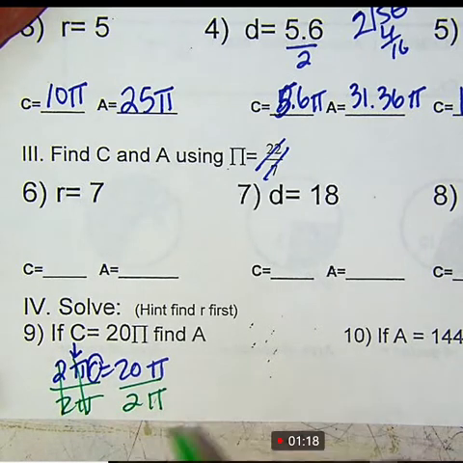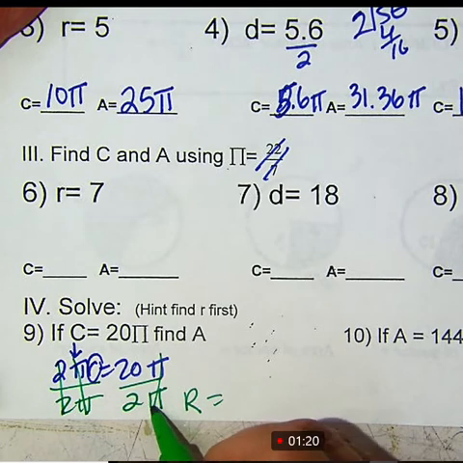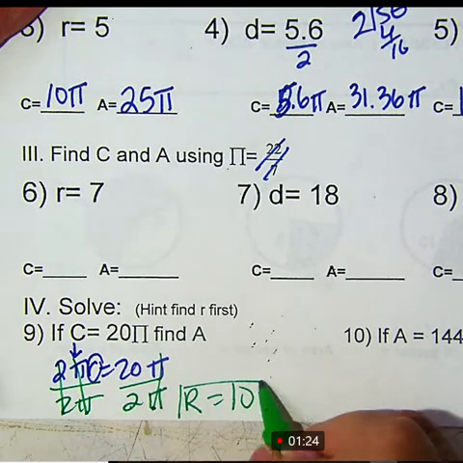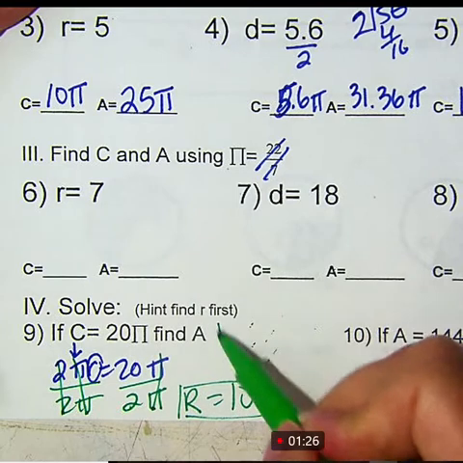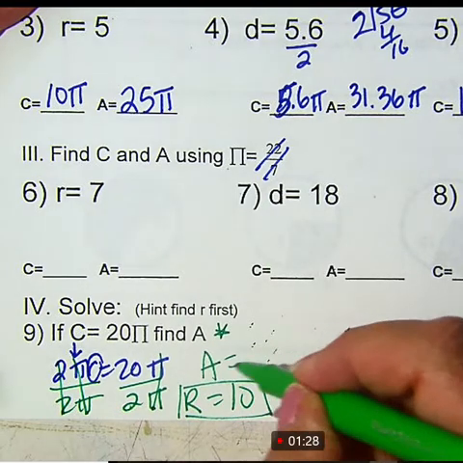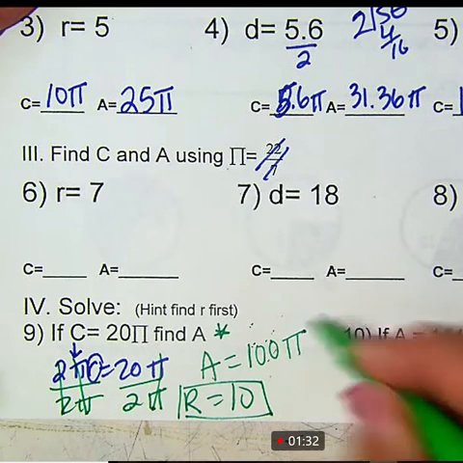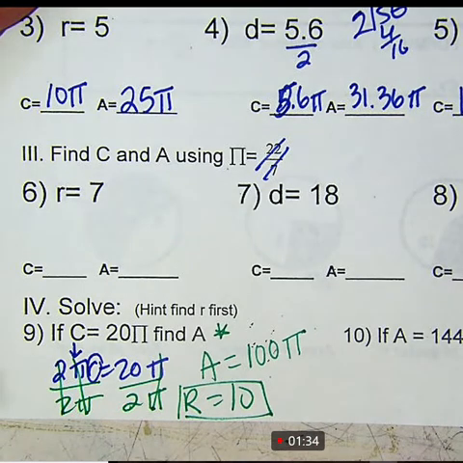The pi's cancel because anything divided by itself is 1, and then 2 goes into 20, and my radius is 10. Now this also asks me for my area, so make sure you answer both questions. 10 squared is 100. You can just leave it in terms of pi. So that's your answer. You solved for r, and then you found the area.